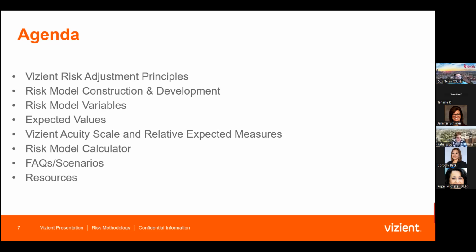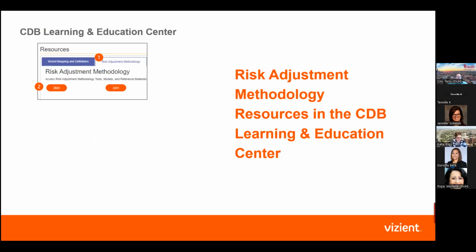And then the additional metrics that we created leveraging our risk methodology, like our Vizient acuity scale and relative expected measures. And also we will be spending time with our frequently asked questions or just scenarios. And as well as I will highlight specific resources that you can use in the Learning Center.